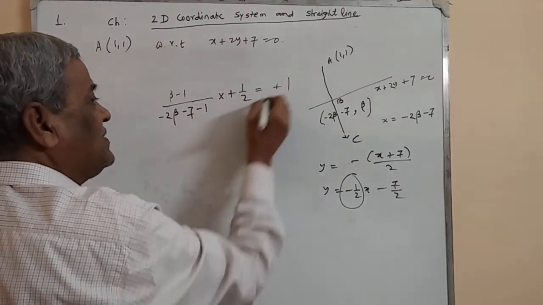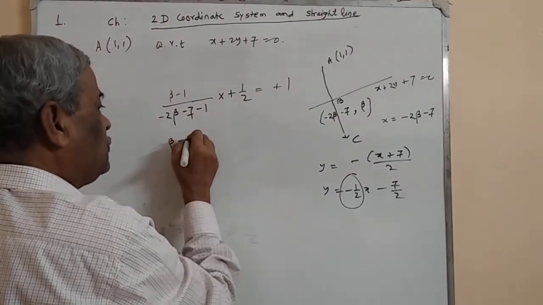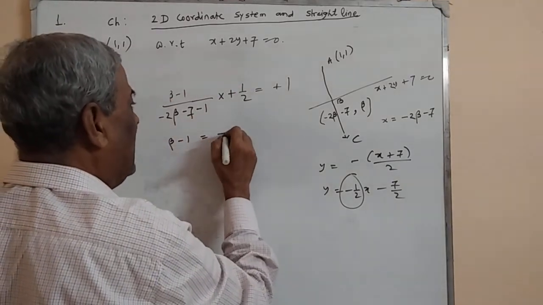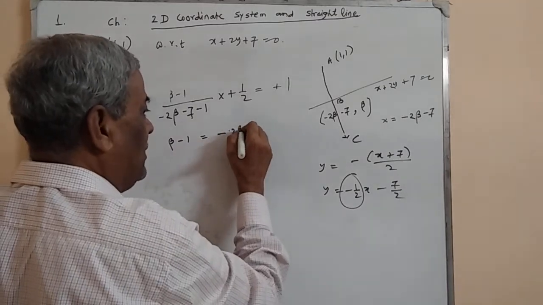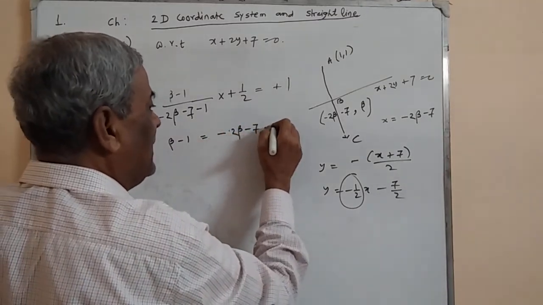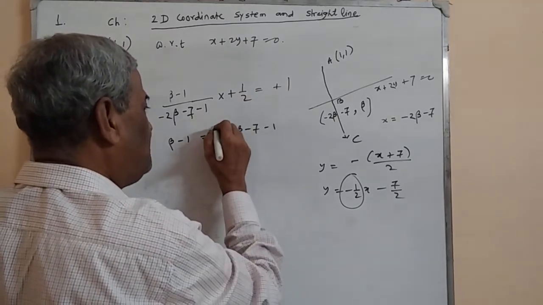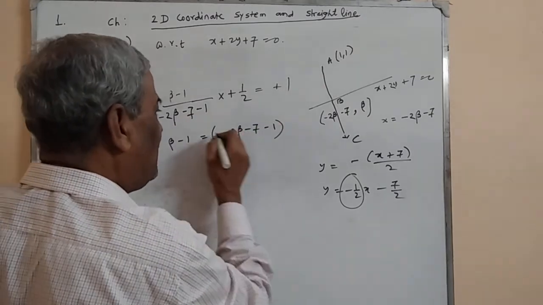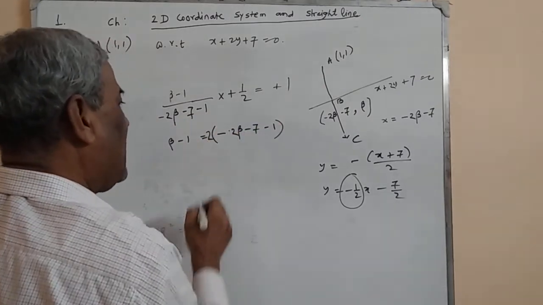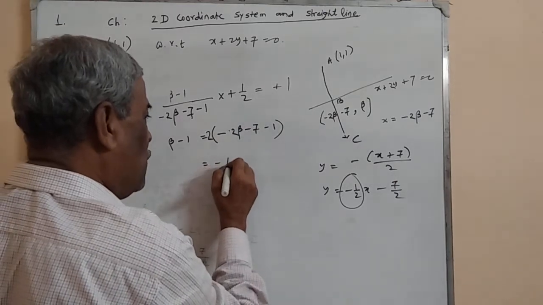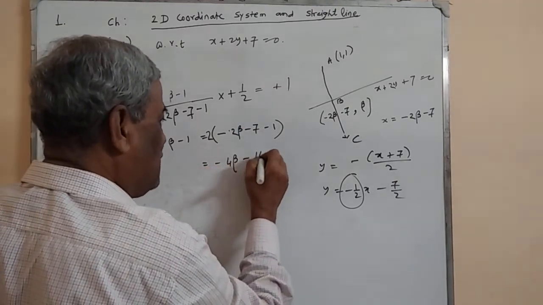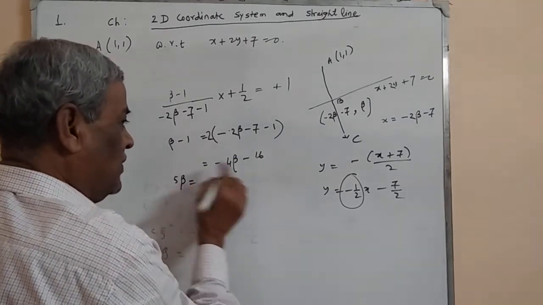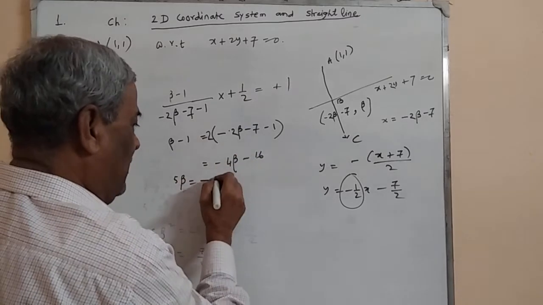Minus 1 cancels. So beta minus 1 into 1 is equal to minus 2 beta minus 7 minus 1 into 2, into 2. That is minus 4 beta minus 16. So 5 beta is equal to minus 15.